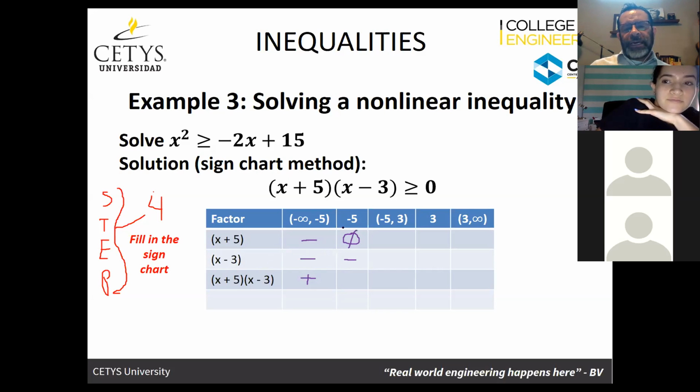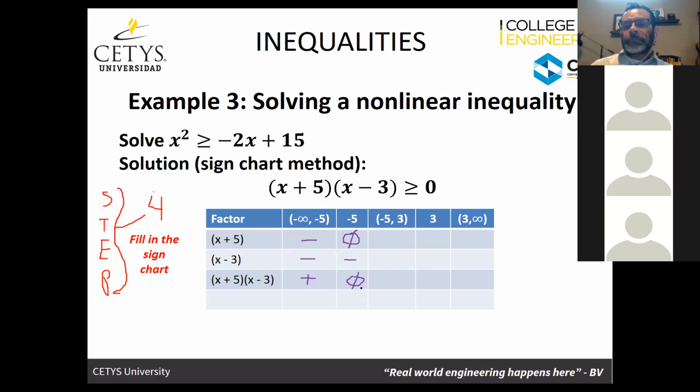If I multiply them for this row, what do I get? 0 times negative is? Negative. No. 0 times anything is? Yes, 0. Correct. So this is going to be 0. Thank you very much, Jesse. Perfect.